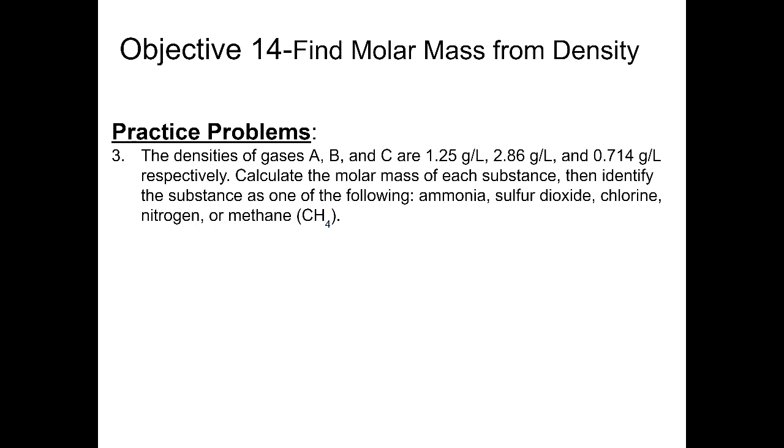B's is a little larger, a little heavier density, so 2.86 grams, again over 1 liter. We're going to do the same exact process because, again, we want our liters to cancel, and we want moles on the bottom. And that, again, happens nicely for us here.